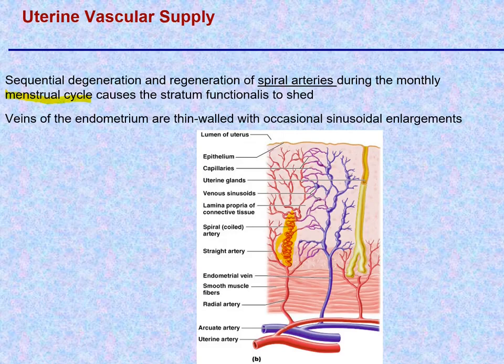That degeneration will cause the stratum functionalis to essentially slough off and shed, because it is no longer viable, since it's not getting adequate vascular supply.